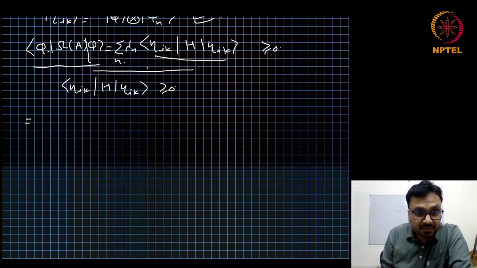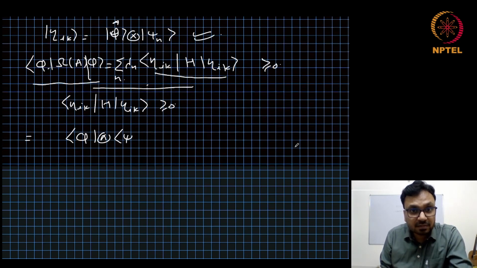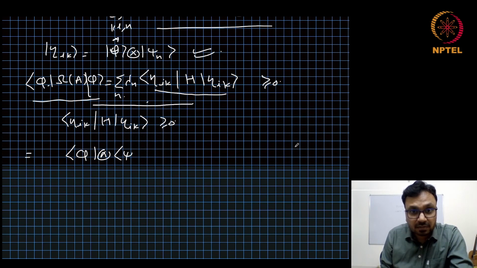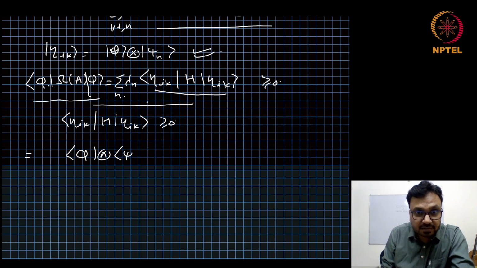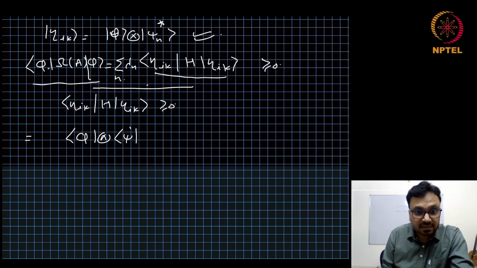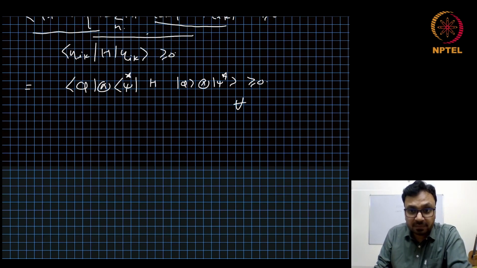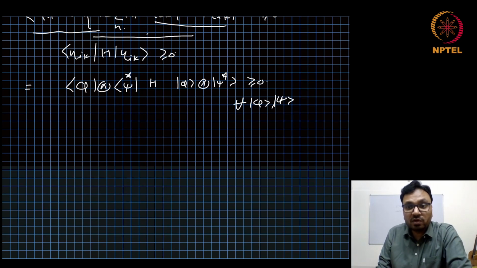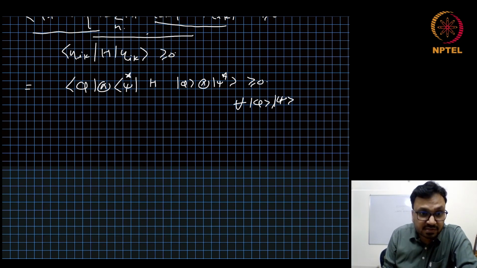Now this is same as phi tensor, no, it's actually phi and psi star. Phi tensor psi star H phi tensor psi star should be positive for all phi and psi. If it is for all phi and psi, then we can remove star also.